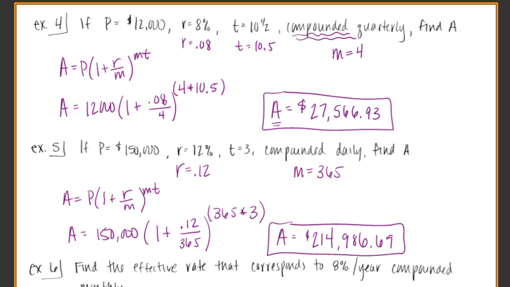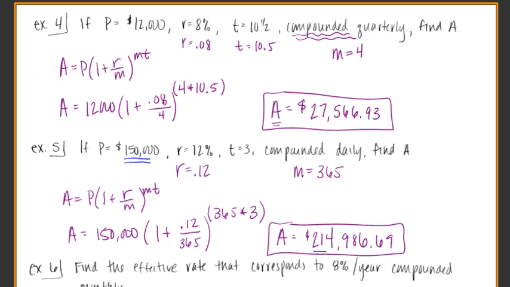Okay, and I got the amount of money coming out as $214,986.69. So hopefully y'all got the same thing. Now, before we go on though, I'm going to ask you a question. How much interest did you earn? You initially invested $150,000.